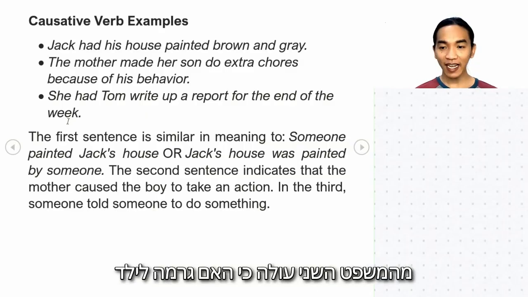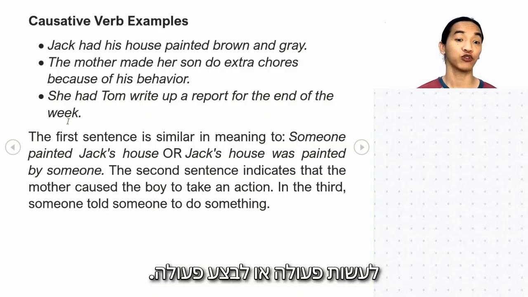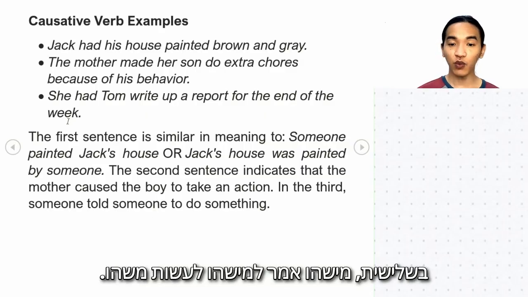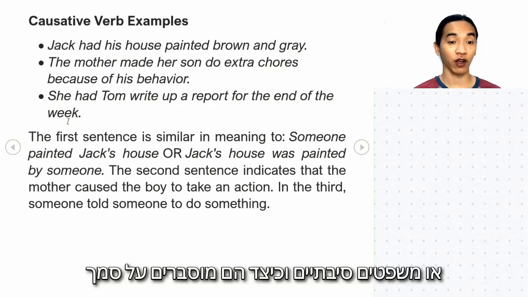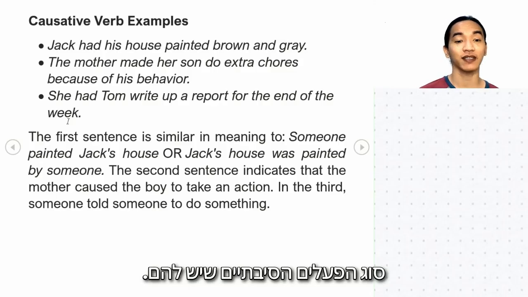The second sentence indicates that the mother caused the boy to do an action. In the third one, someone told someone to do something. So these are just examples of causative sentences, and how they are explained based on the kind of causative verbs they have.